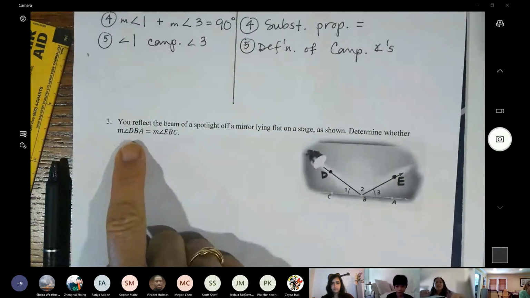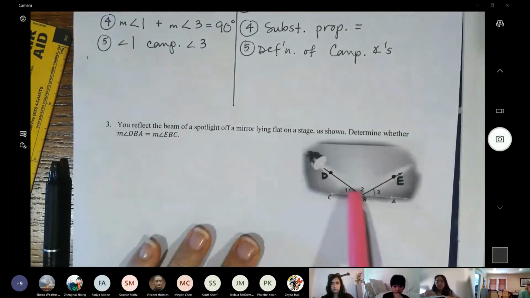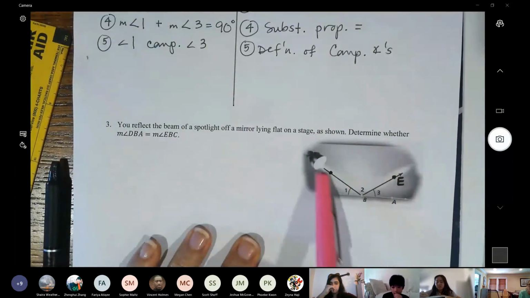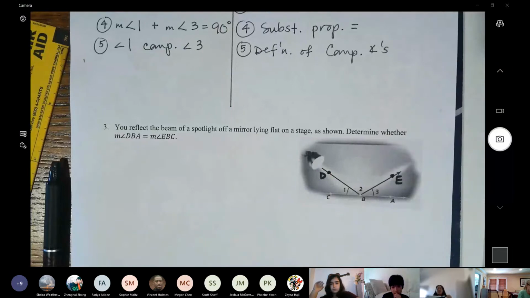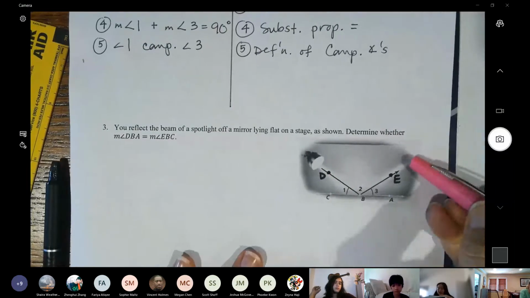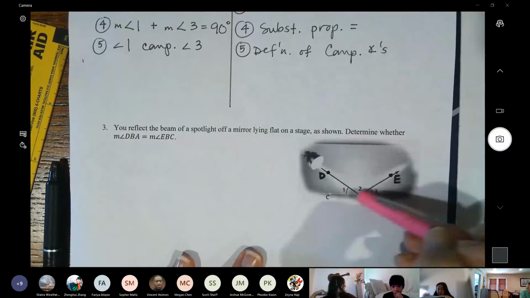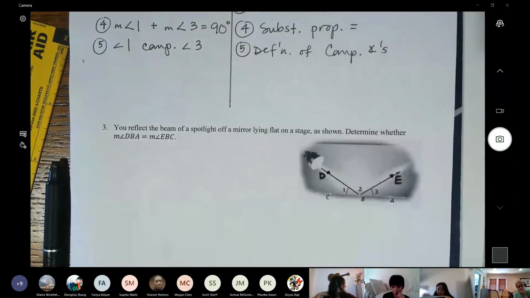Determine whether angle DBA is equal to the measurement of EBC. So we're actually not going to just determine this, we're going to prove it.